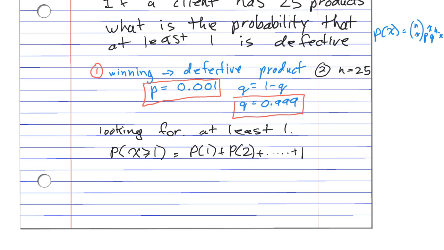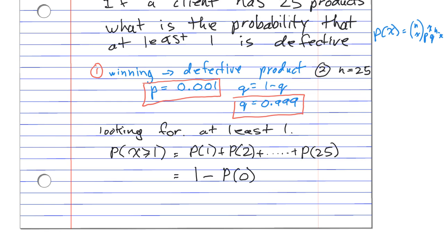And we don't want to do that. P of 25. We don't want to do that, but we can use the complement, i.e., we know that 1 minus P of 0 will give us our answer.